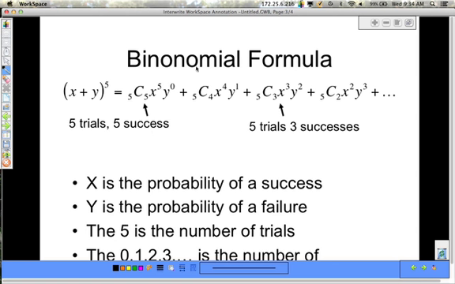So it looks a bit complicated. You could rewrite it as nCs, trials, number of successes, times P of S to the S, times P of failure, your probability of failure, to the F, the number of failures you're going to have.